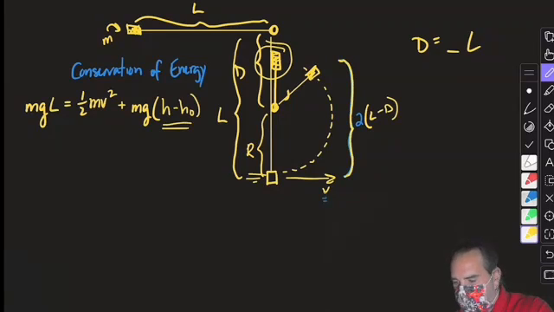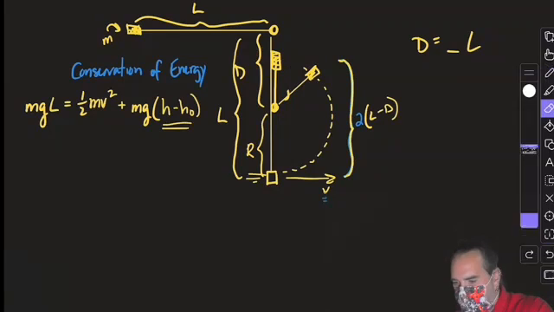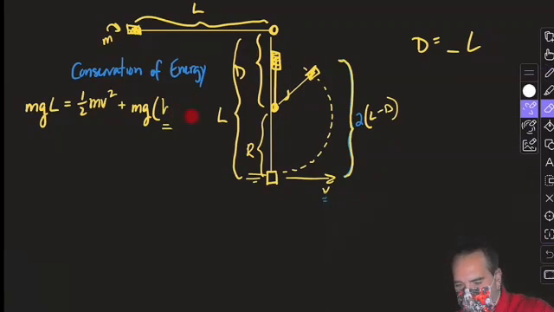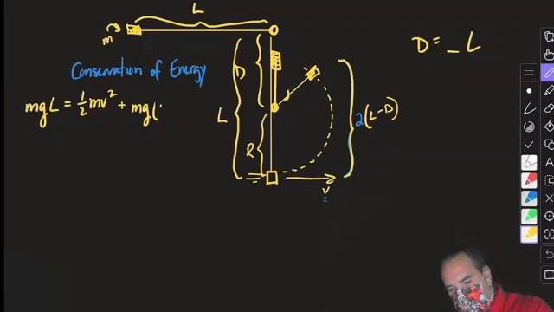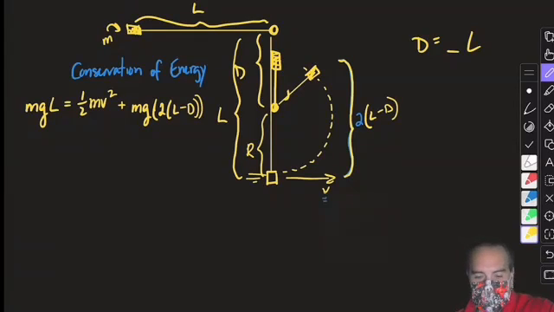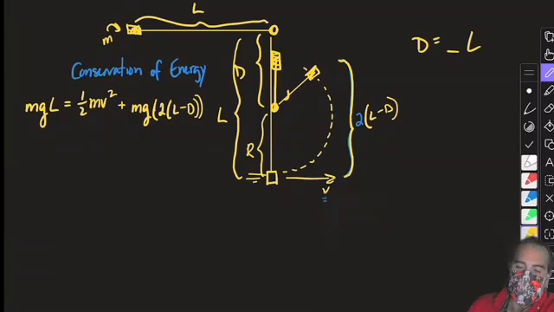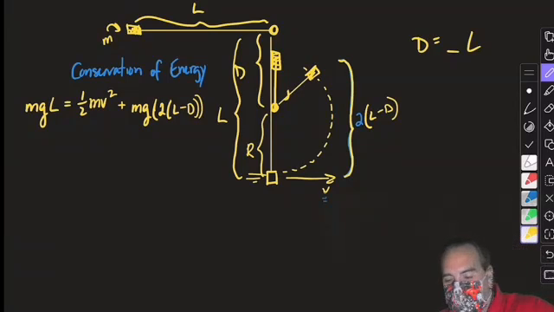So instead of using any angle, because there's no angle here to worry about, I think we'd rather put in 2 times L minus D. Set that aside. This is the velocity in terms of L's and D's and stuff. Yeah, you could get rid of M, but this is a circular motion problem. I think the circular part is necessary here.